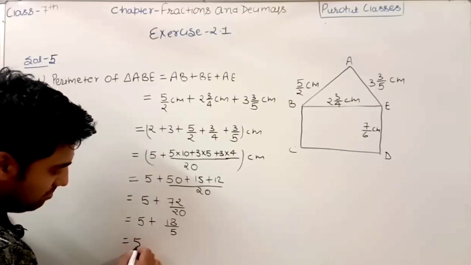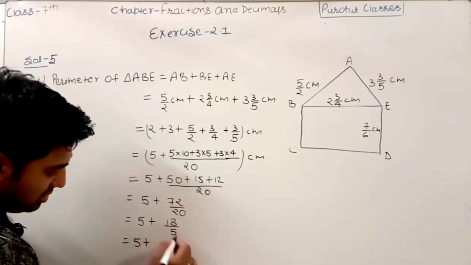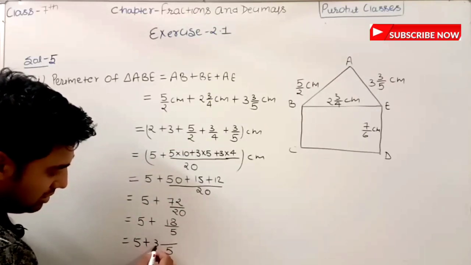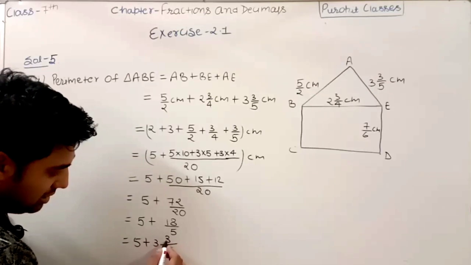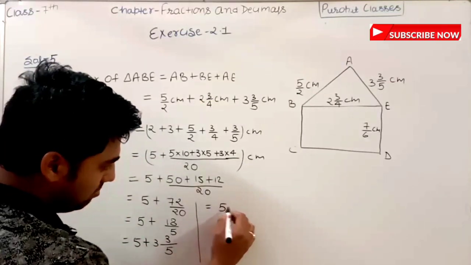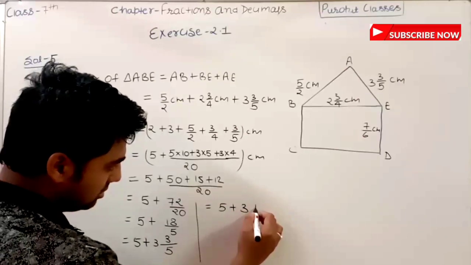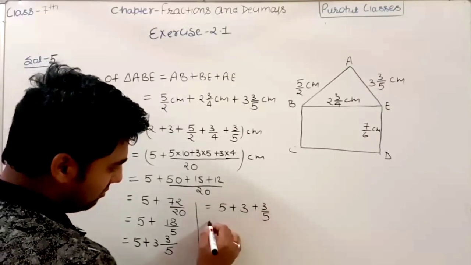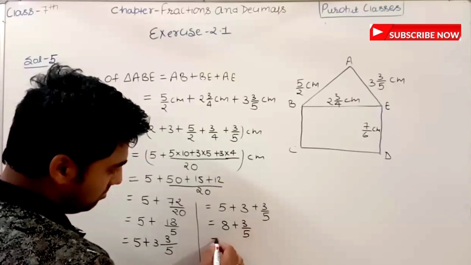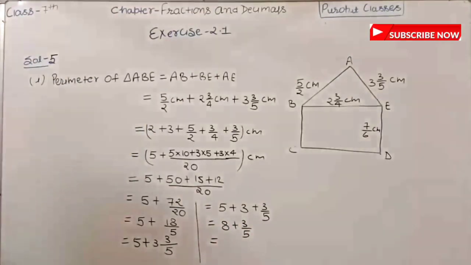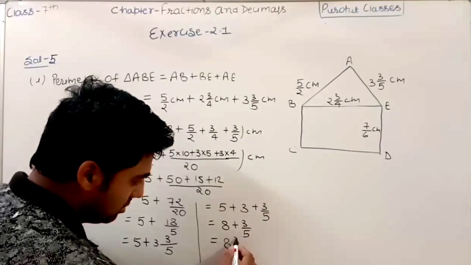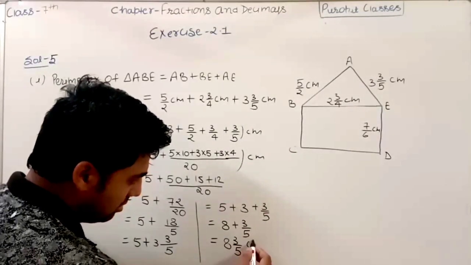So this will be 5 plus, let us convert this into a mixed fraction. This will be 3 times 5 is 15 and 3 is 18, and this can be written again as 5 plus 3 plus 3 by 5, that will be equal to 8 plus 3 by 5, or simply 8 whole 3 by 5 centimeter.